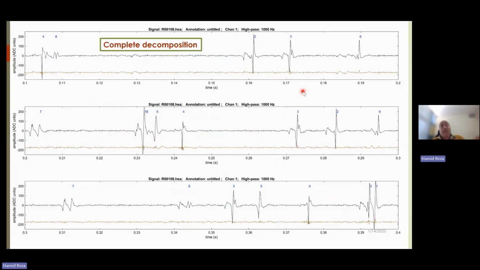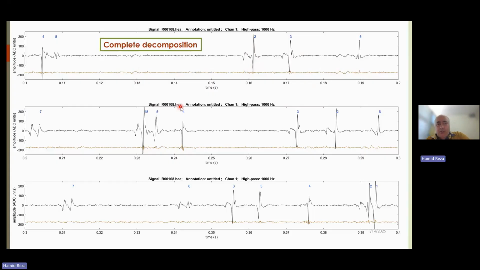So it seems nice, but we need to assess the accuracy of the decomposition, which is not part of this lecture, but it is very important to make sure that your results are correct. In other words, there shouldn't be any alternative decomposition with a reduced residual signal. Otherwise, that one is a better one.